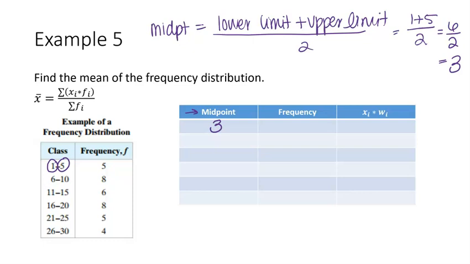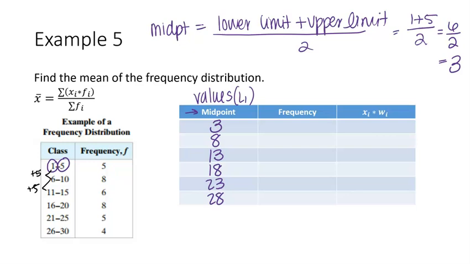From there, let's make our life simple. Remember, our width was 5. Our width in the next class was 5. So I can go 3 plus 5 is 8, plus 5 is 13, plus 5, plus 5, and plus 5. These are our values that we're going to put into L1.